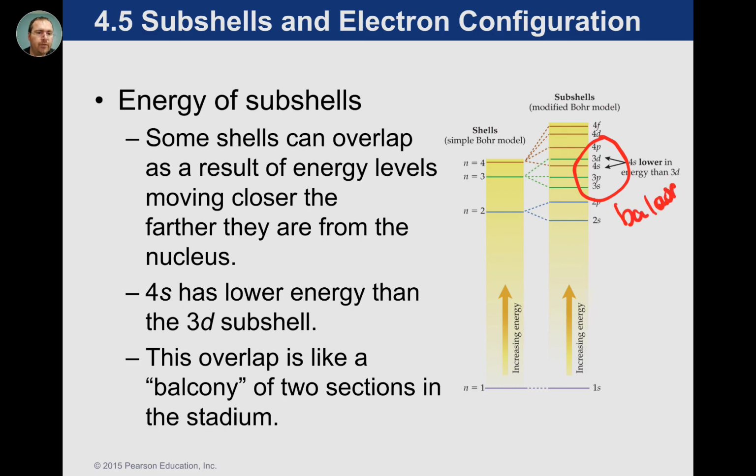So if we have a balcony, it's because we have these D and S electrons that are now being overlapped. The 4 gets a little too low, the 3 gets a little too high, and they overlap. So this balcony or this mezzanine is exactly what you see in Busch Stadium. If you want to fit more people in the stadium, you just put seats on top of seats, just three-dimensionally higher. And that's exactly what we see in our atom because they too are three-dimensional.